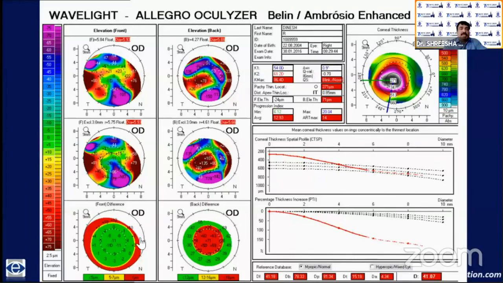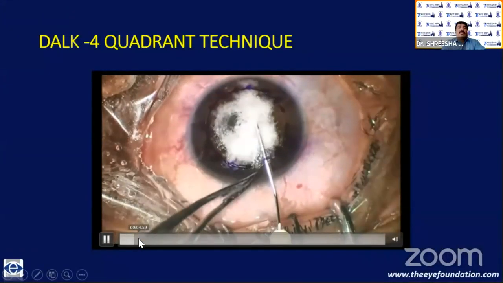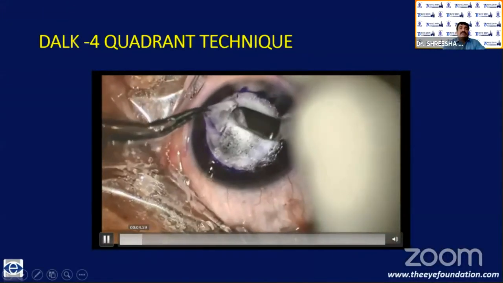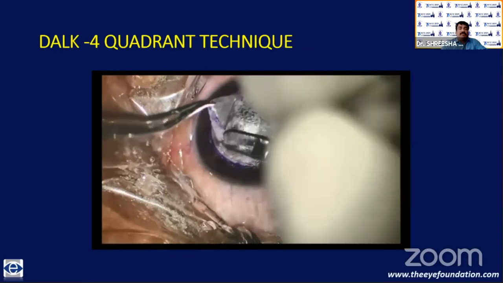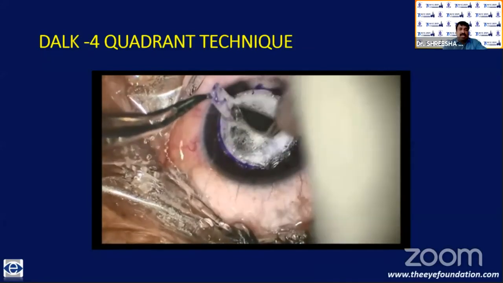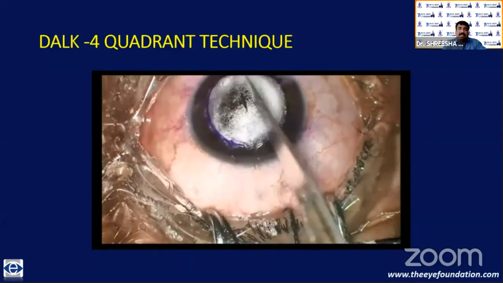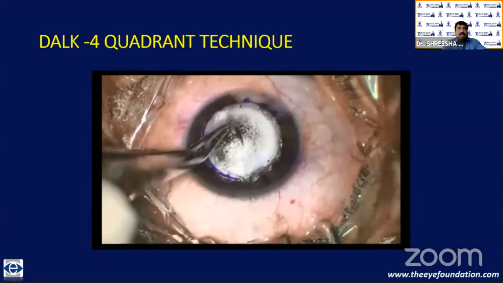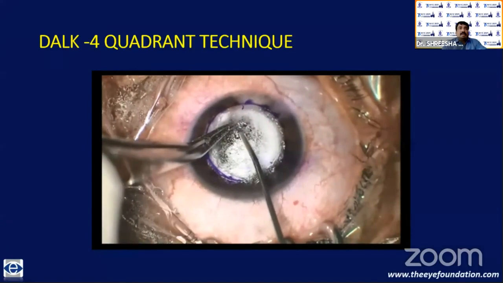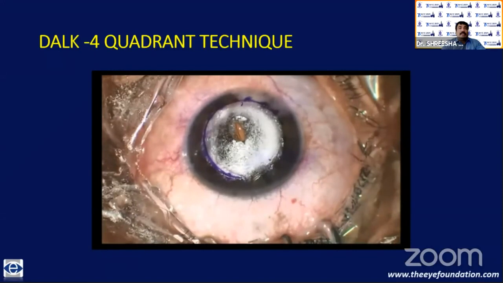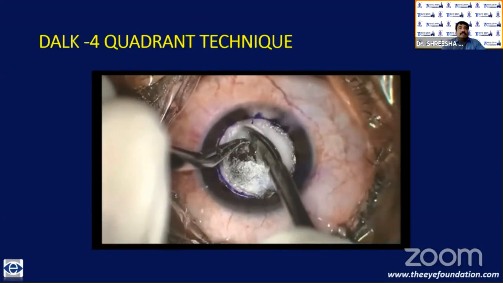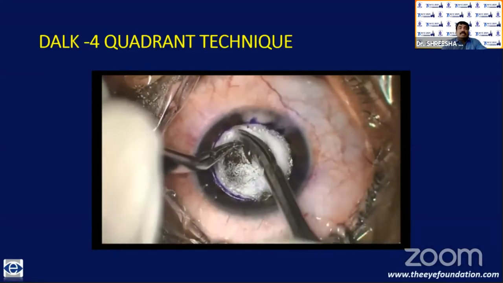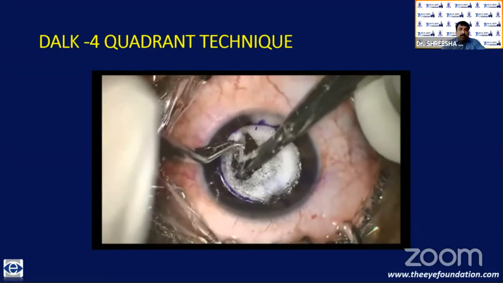This is actually the typical big bubble technique which I usually follow. After the big bubble formation, I do a superficial lamellar keratectomy and then make a nick incision using a number 11 blade, inject an air bubble, and inject visco to keep the Descemet's away from all the manipulations.